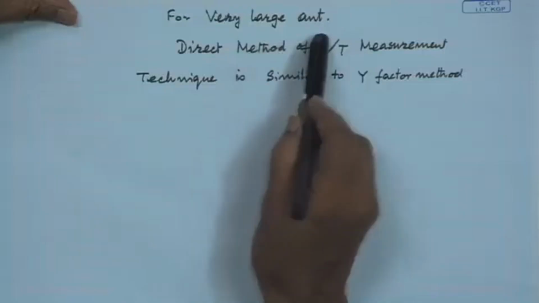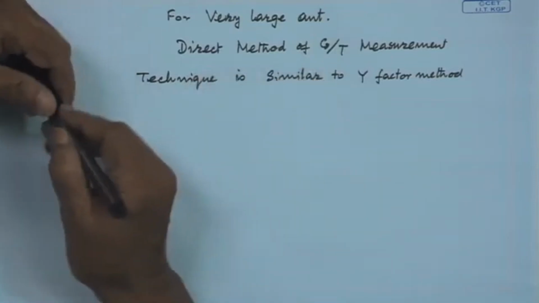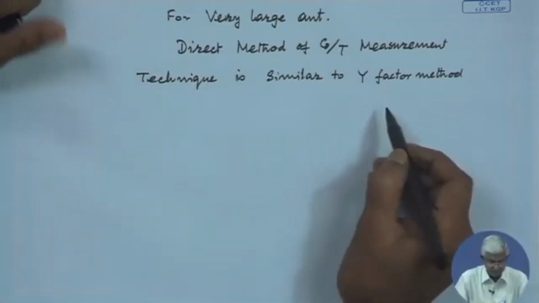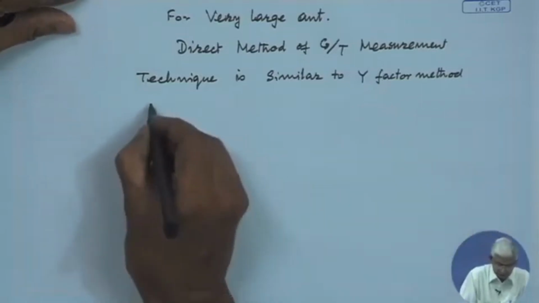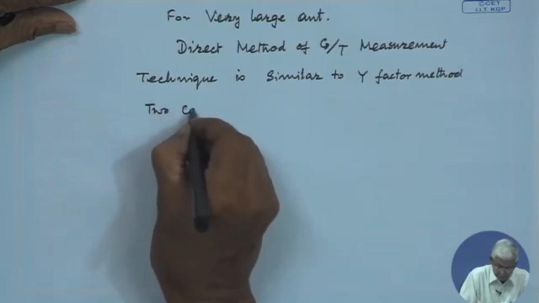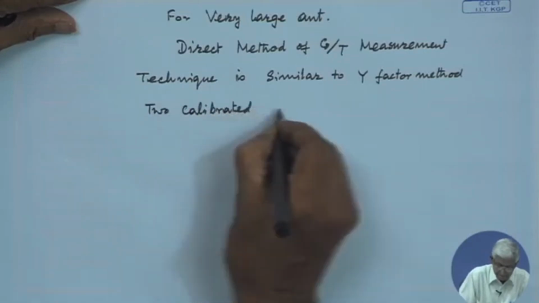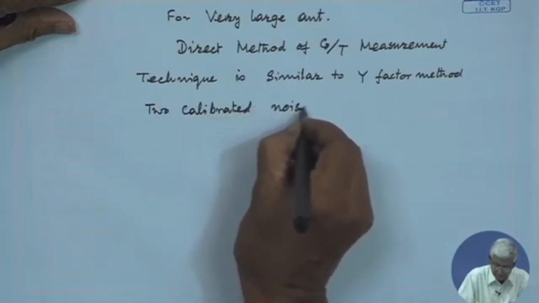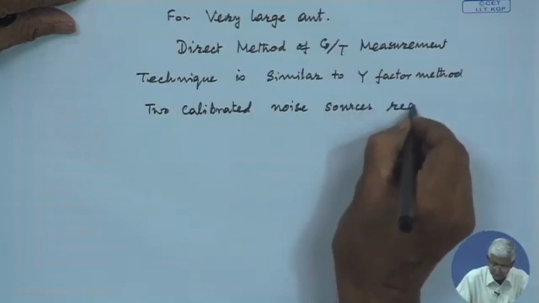For a very large antenna, of the order of 9 meters or even bigger, direct methods of G by T measurement are there, and the technique is similar to the Y factor measurement. So, two calibrated noise sources are required.